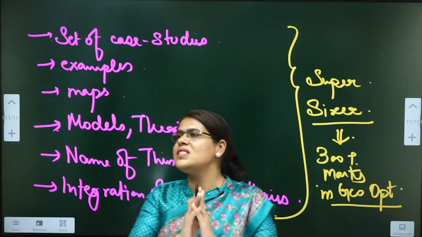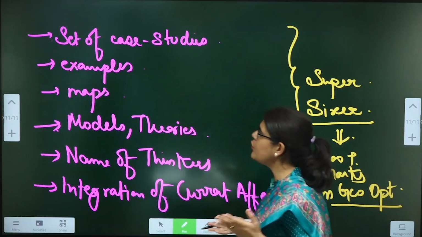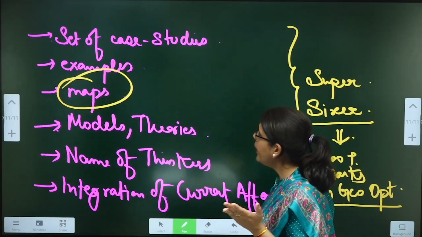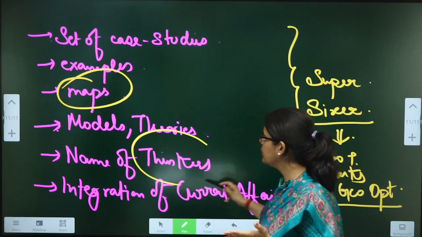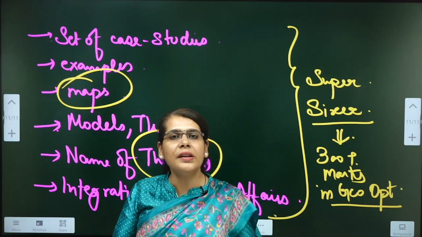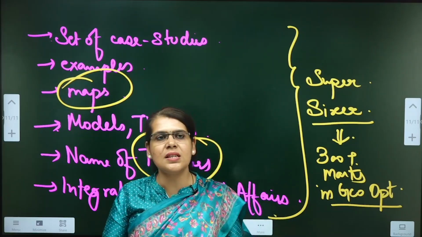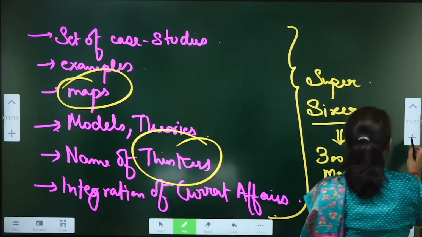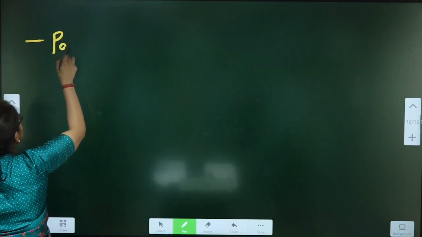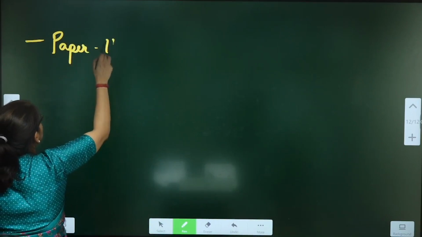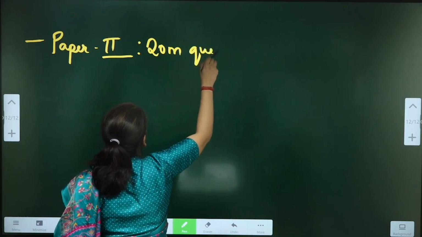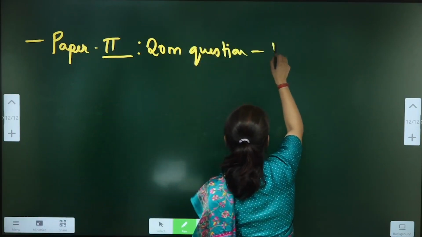Now coming towards the next question. From here itself, you will be asking me about the maps and about thinkers. That is how you should cover them, and in what detail a map has to be done. Now see bachon, with respect to geography optional, in paper 2, you will be getting a 20 marker question with respect to mapping itself.